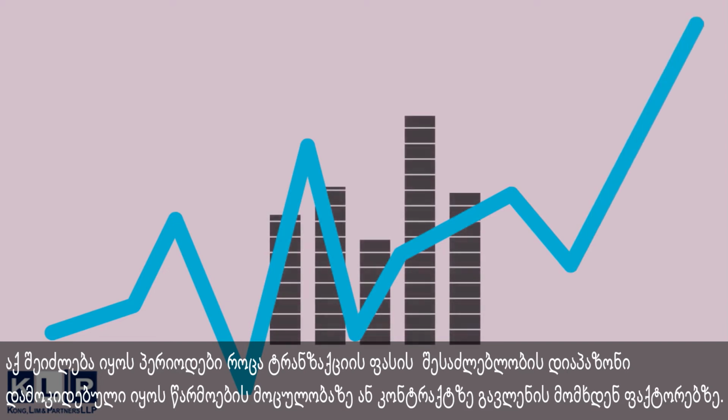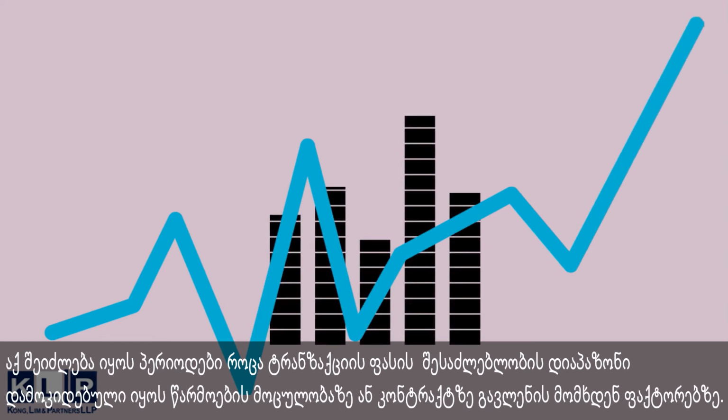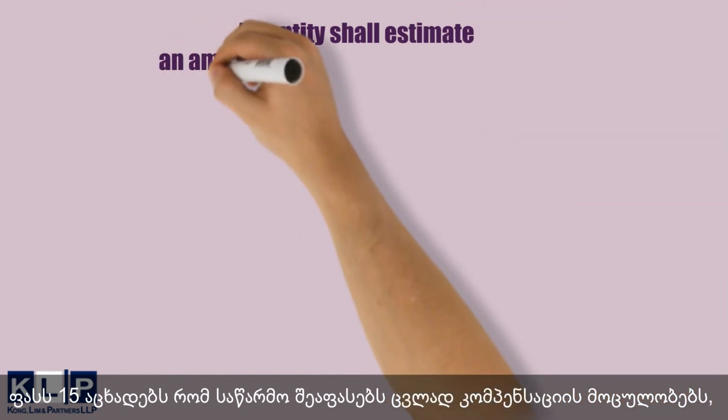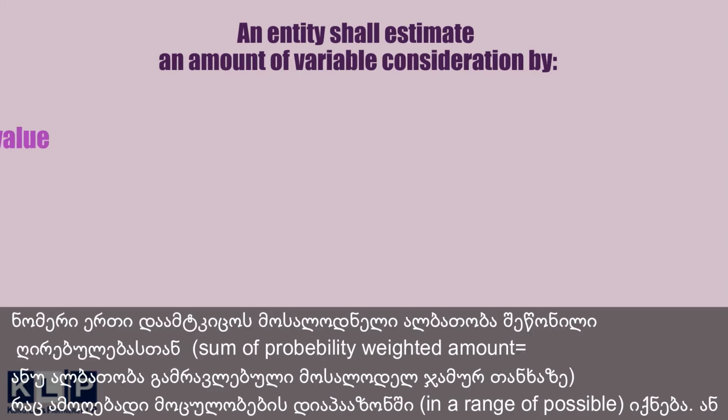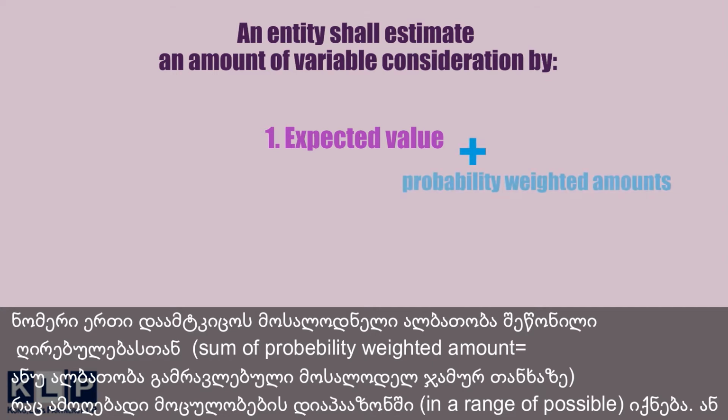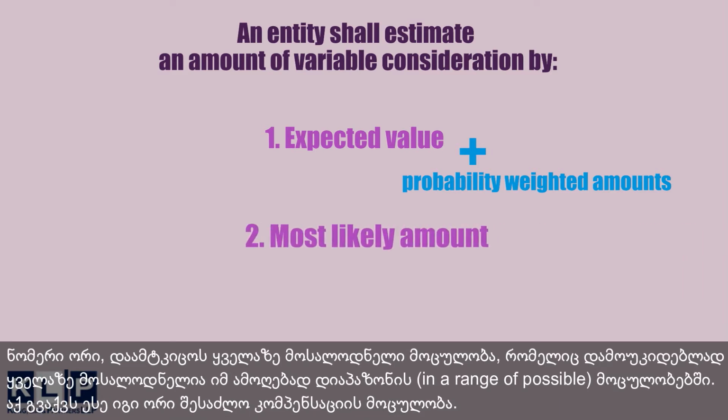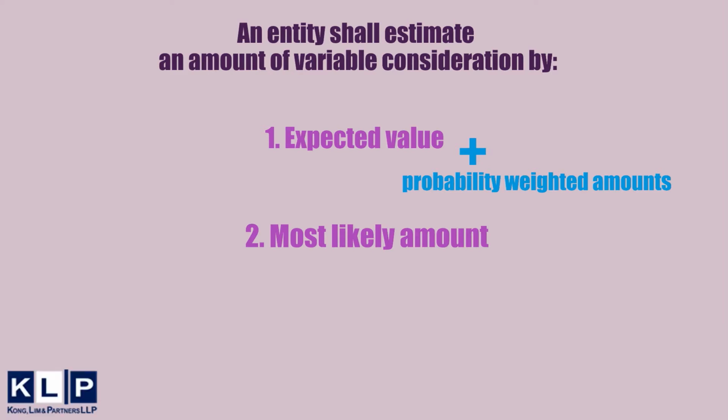There may be times when your transaction price could be a range of possibilities depending on outcomes or effects of the contract. IFRS 15 states that an entity shall estimate an amount of variable consideration by, number 1, establishing the expected value, which is the sum of probability-weighted amounts in a range of possible amounts, or, number 2, establishing the most likely amount, which is the single most likely amount in a range of possibilities, usually when there are two possible consideration amounts.